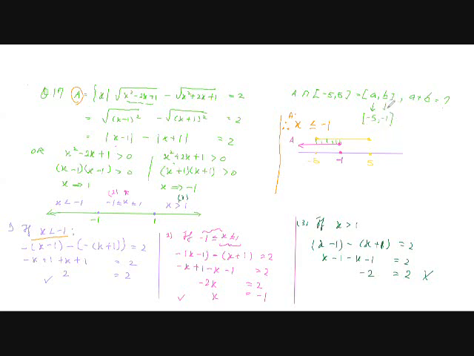Then the final answer is A plus B: -5 plus -1 is -6. So that's the answer.